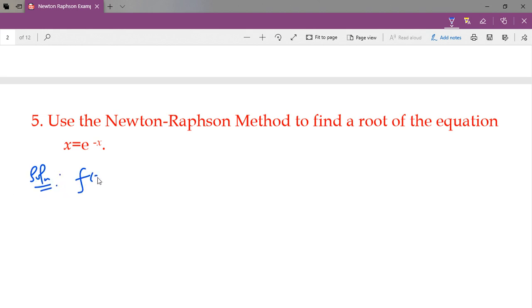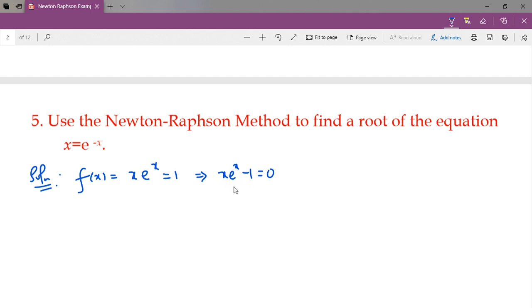So x into e power minus x is there. If you take it to the left hand side, then it is going to be x e power x is equal to 1. So this can be written as f of x equals x into e power x minus 1 equal to 0. So this is our f of x now.